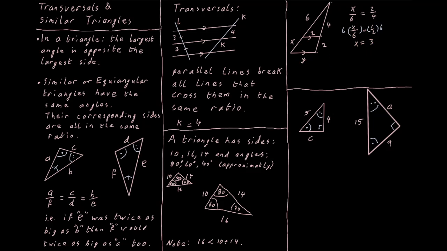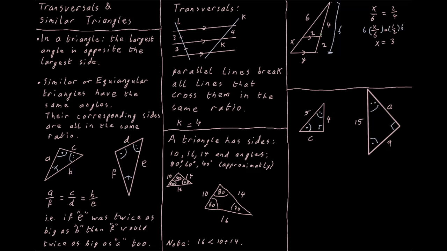How would we do this for y? For y, we're comparing this little side of the smaller triangle to the complete side of the bigger triangle. So I need to now compare the total length here, which is 6, 4 and 2 is 6, to my smaller side that I'm comparing to.